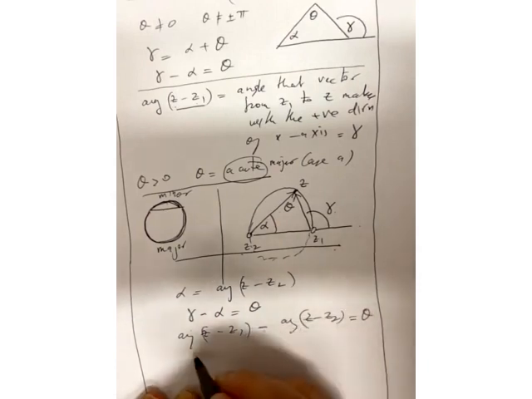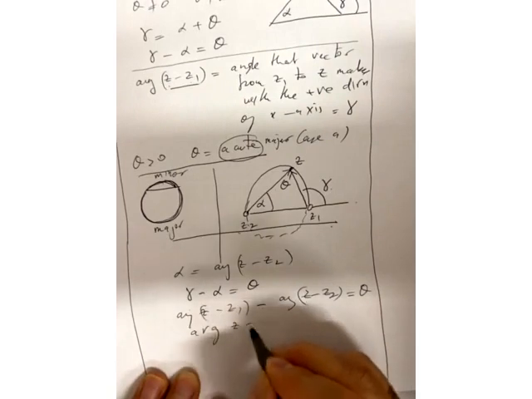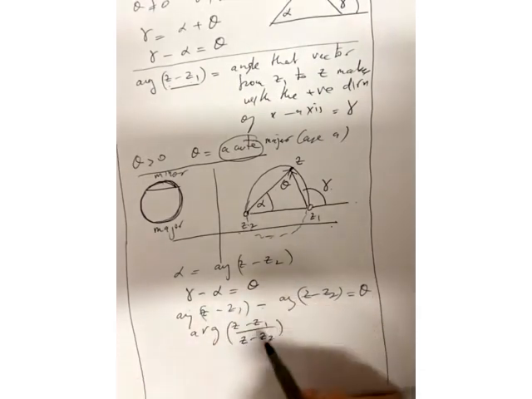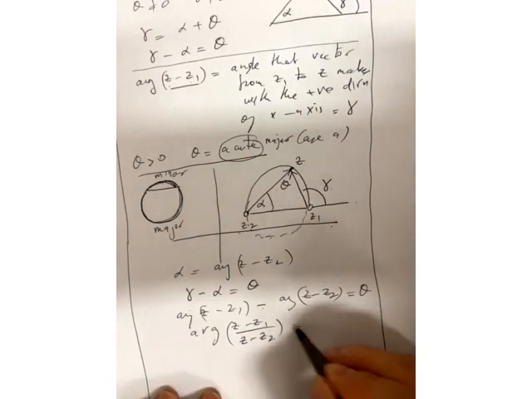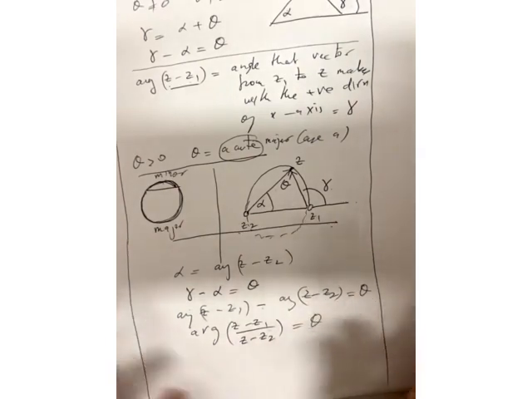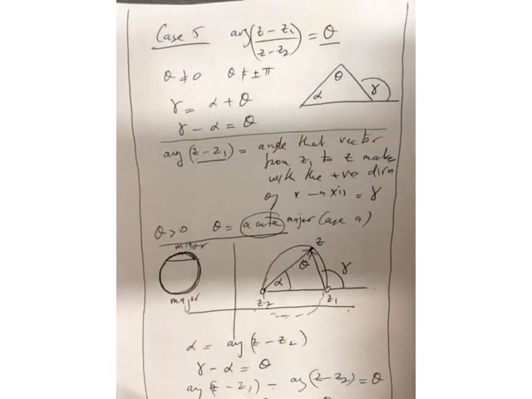When you have a minus, you're dividing, because that's the theory about complex numbers: when you divide, you subtract the arguments. So the arg of a quotient is the difference between the individual args. And voila, that is an arc. That's why the answer is an arc.